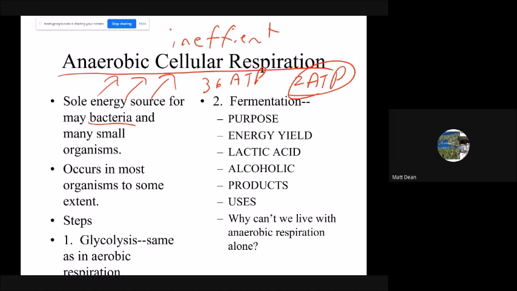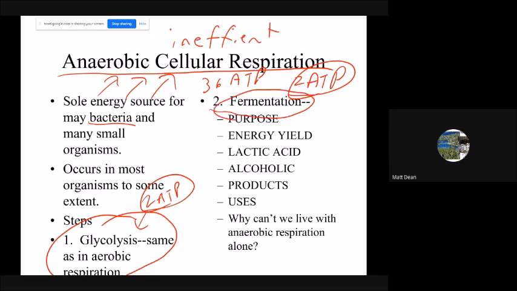It starts off just like aerobic respiration does with glycolysis. Glycolysis works exactly the same way in anaerobic respiration as it does in aerobic respiration. It produces the pyruvate molecules, the NADHs, and the 2 net ATPs. So the 2 ATPs produced actually happen in glycolysis. Step 2, though, is fermentation.